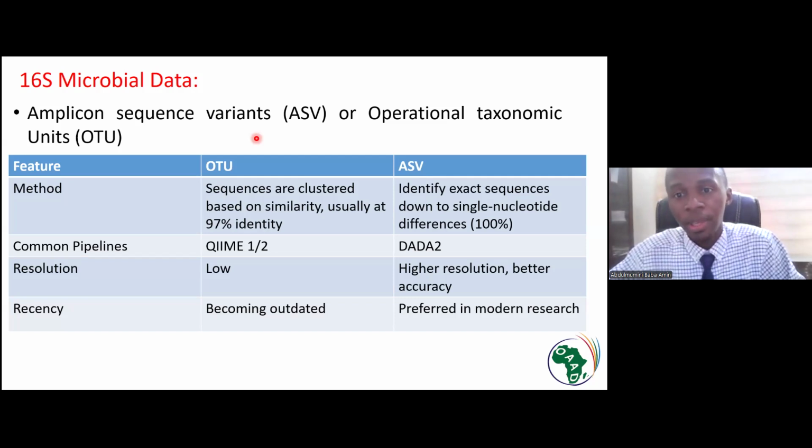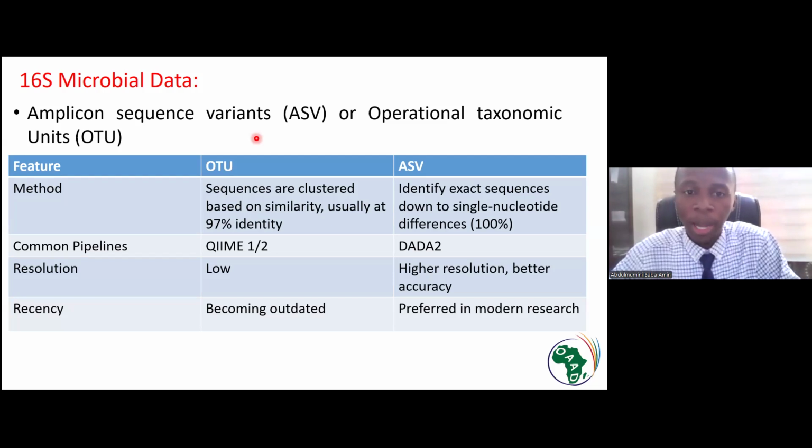However, the ASV requires exact sequences, 100% down to every single nucleotide difference. So this means that the OTUs have low accuracy compared to the ASVs. The ASVs are highly accurate.